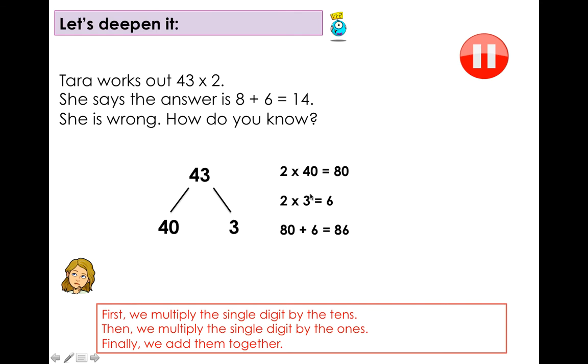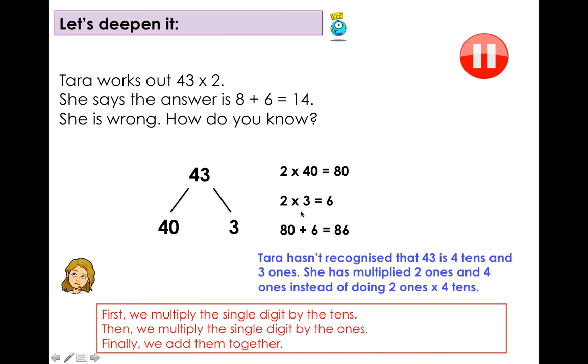Now, if you look carefully at Tara's working out, she's got the 6 right, hasn't she? But she hasn't got the 8 right. I can see what she's done here. She hasn't recognised that 43 is 4 tens and 3 ones. She's multiplied 2 ones and 4 ones instead of doing 2 ones and 4 tens, hasn't she?